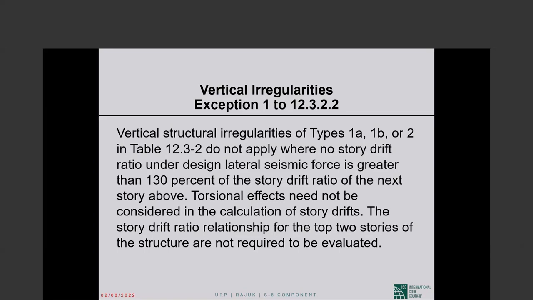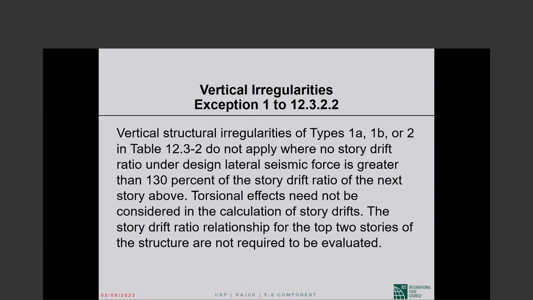Vertical structural irregularities, not just the one we are discussing, but 1A, 1B, or 2, all three: torsional, extreme torsional, and mass irregularity, do not apply.